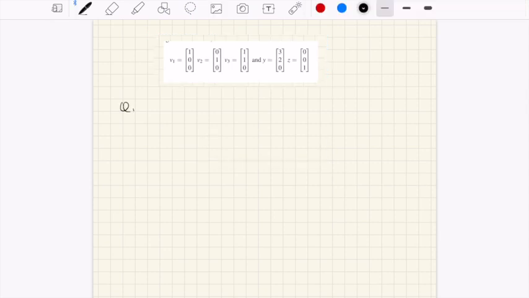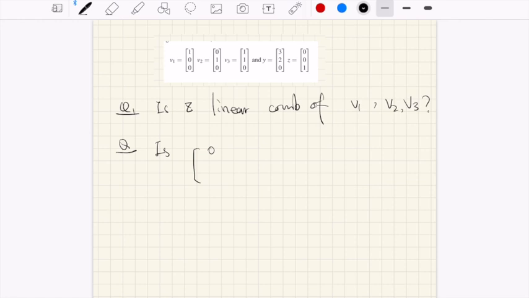So the question is, is z a linear combination of v1, v2, v3? And for that, we want to ask, is the augmented matrix 1, 0, 0, 0, 1, 0, and 1, 1, 0, and the other side is the villain's position, consistent?